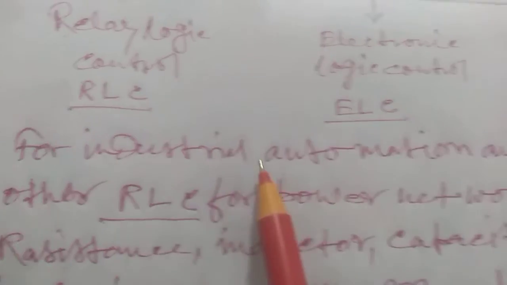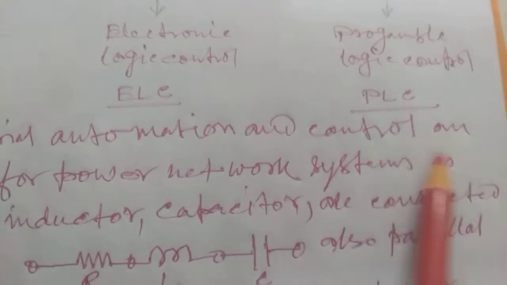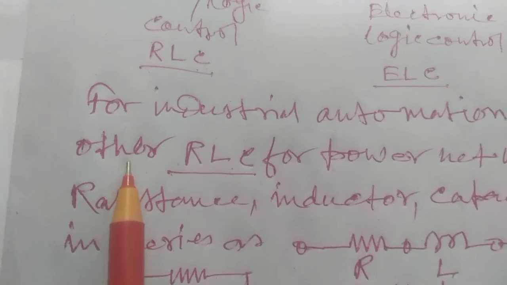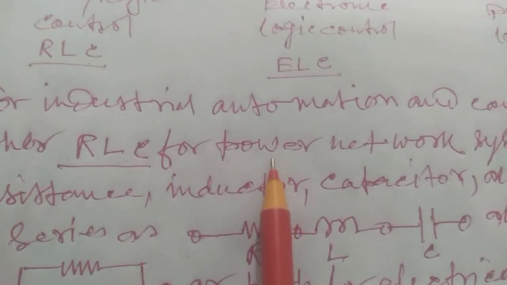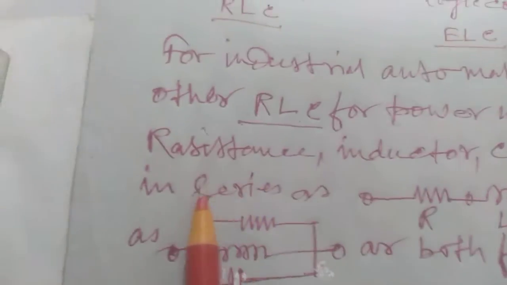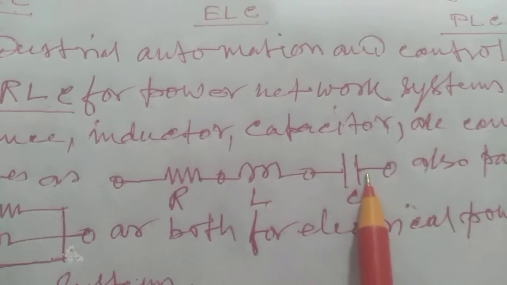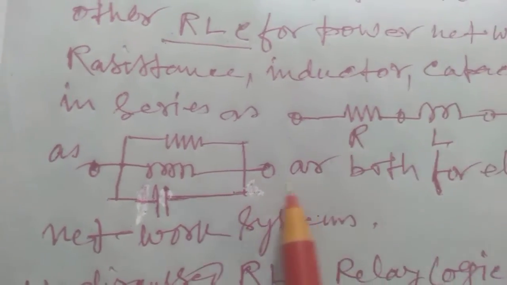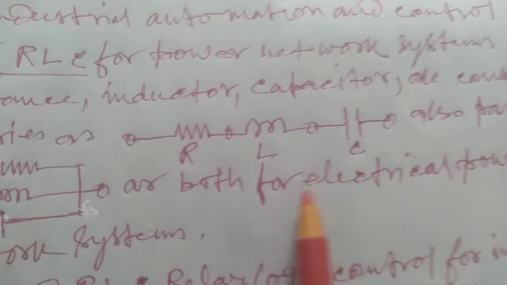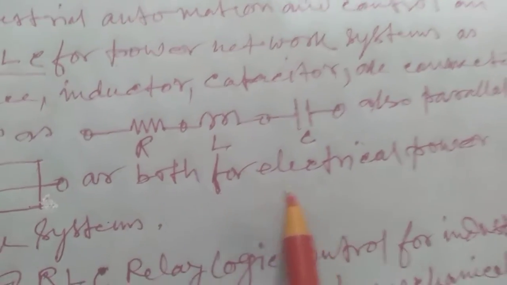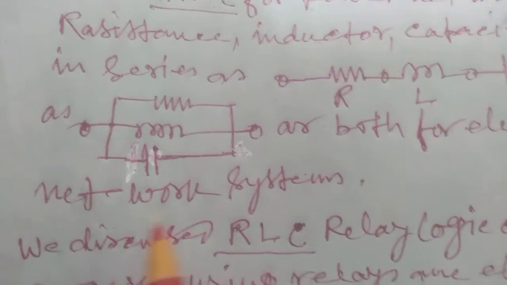Here, for industrial automation and control, there is another RLC for power network systems as resistance, inductor, capacitor are connected in series as here, and also parallel as here, or both parallel and series for electrical power network system.